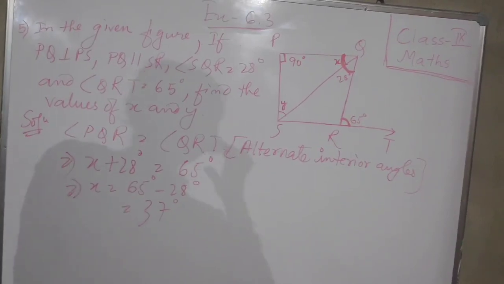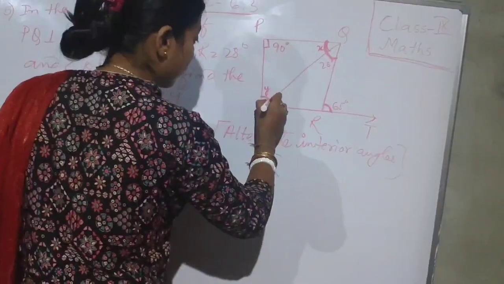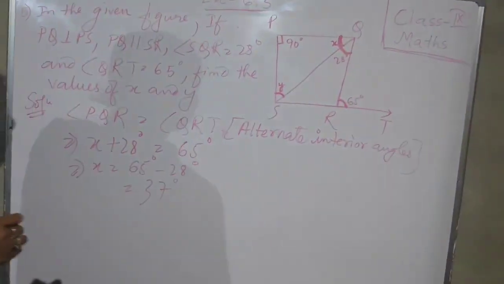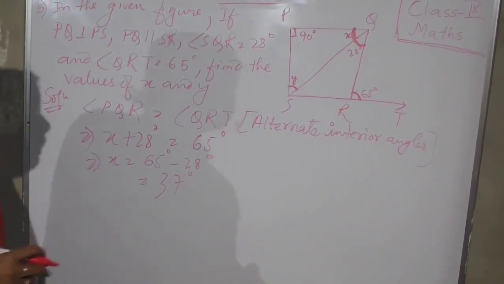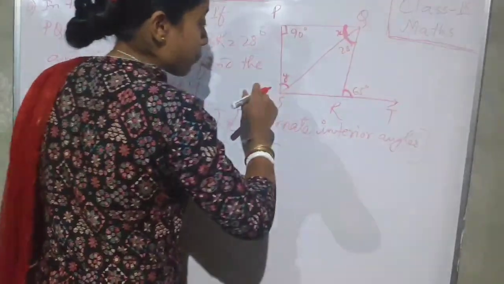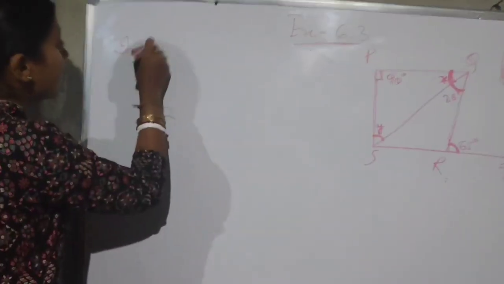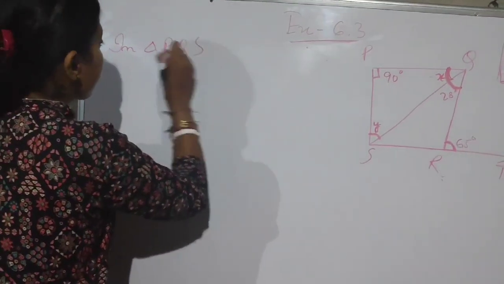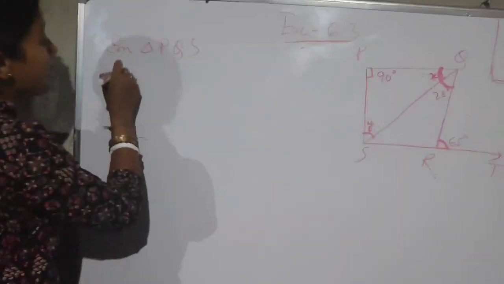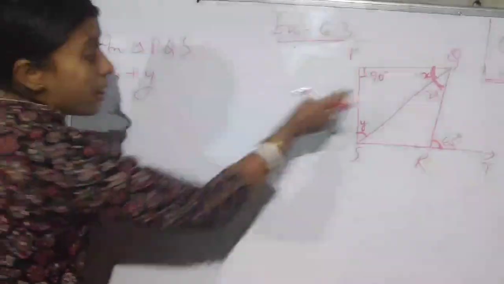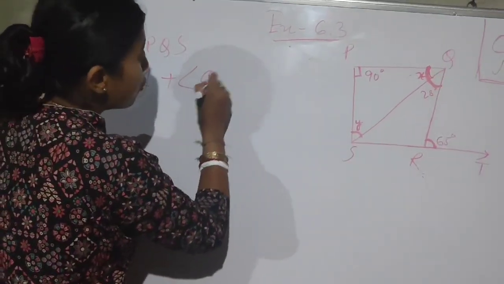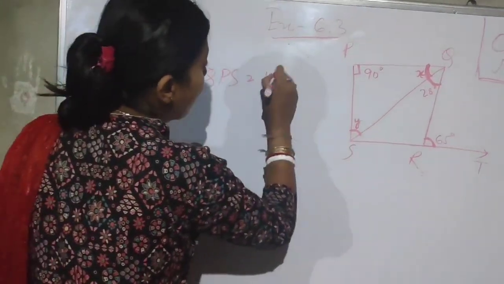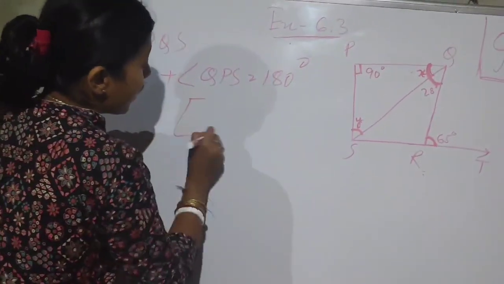Now what we will do? Now we will find out y. We have got x, we will find out y now. So in triangle PQS we can take. In triangle PQS we will write what? x plus y plus angle QPS equals 180 degrees, right?